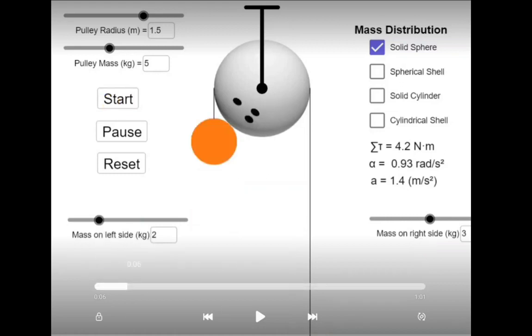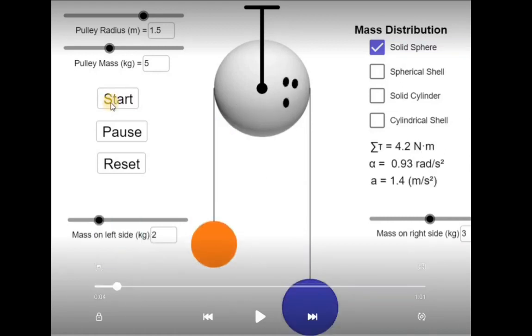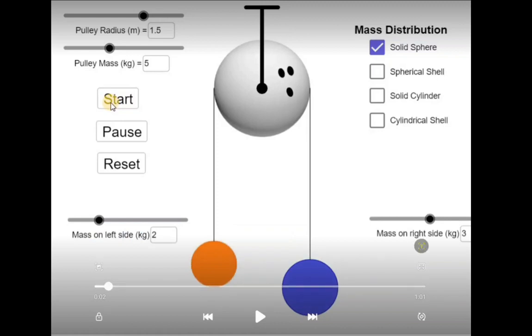Now let's analyze the situation. For the 3 kilogram object here, we have two forces: weight, M1g, and tension. In this case it's tension 1, and remember this tension is different than this one here.